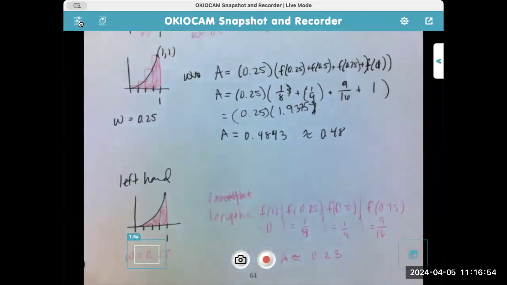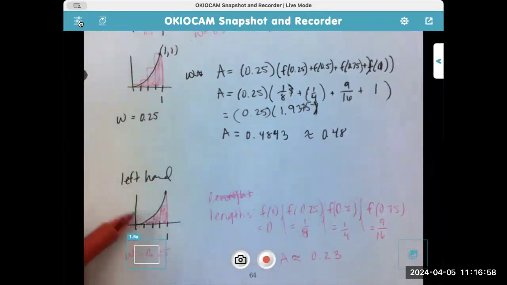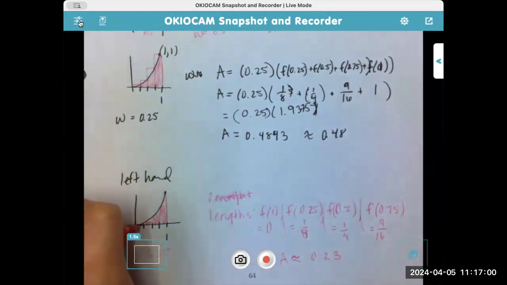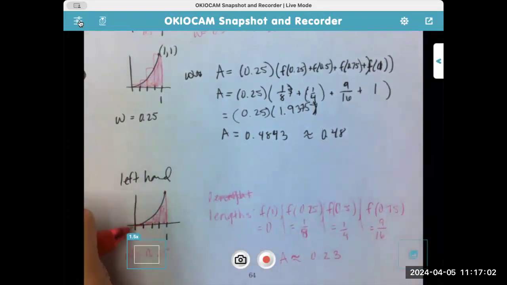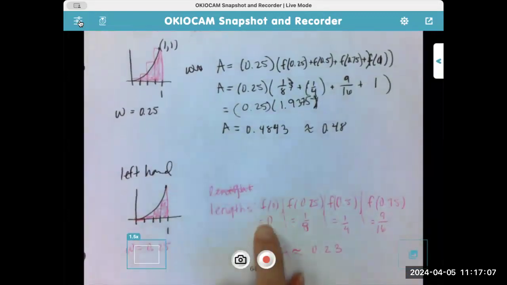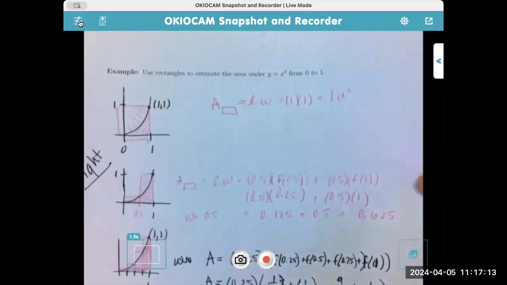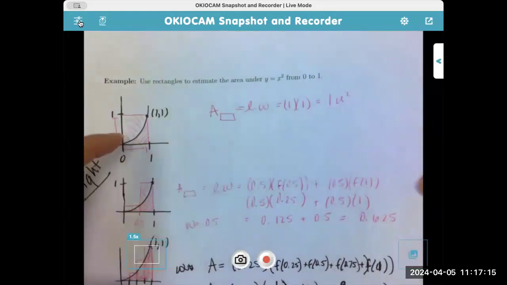So we're getting closer, but notice overestimate, way underestimate. Because this is just the x-axis here, right? That's just the line. There's not even any height to it, if you would. Okay, so the takeaway from here is that we are just adding up rectangles.